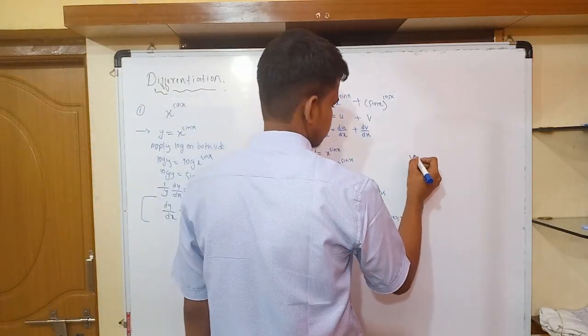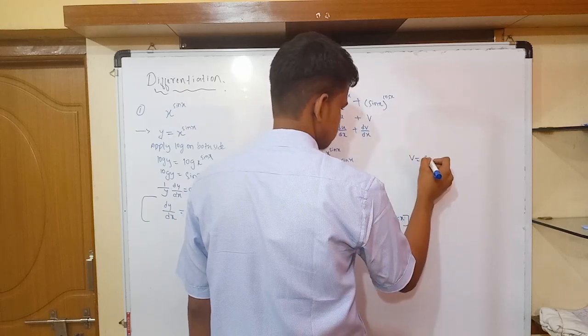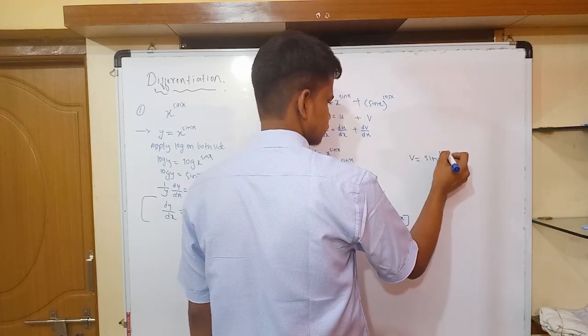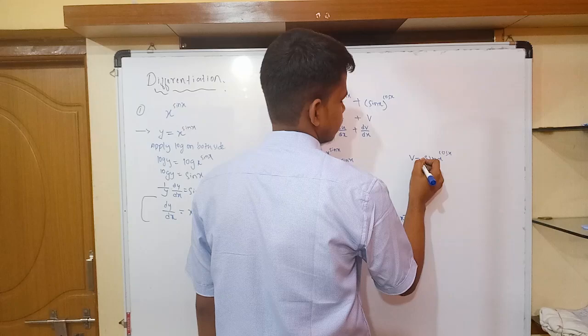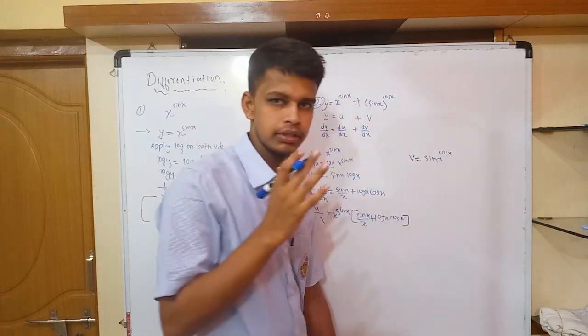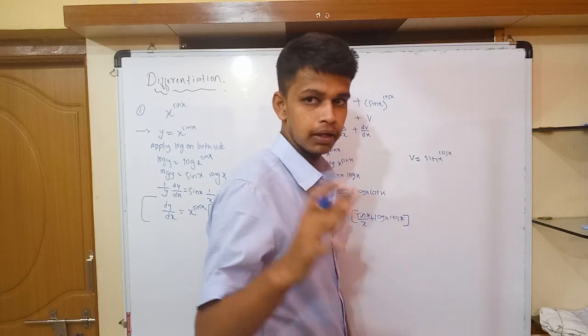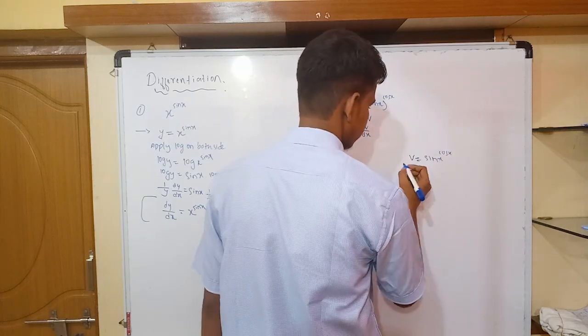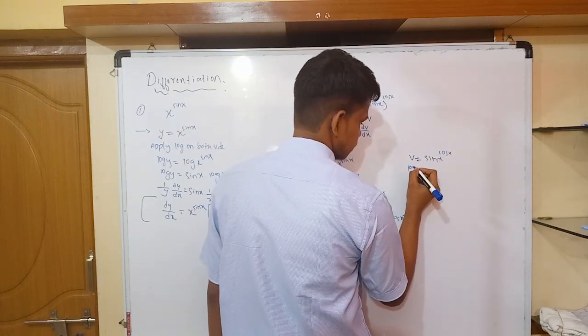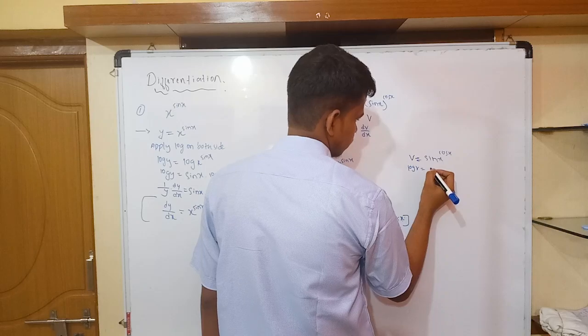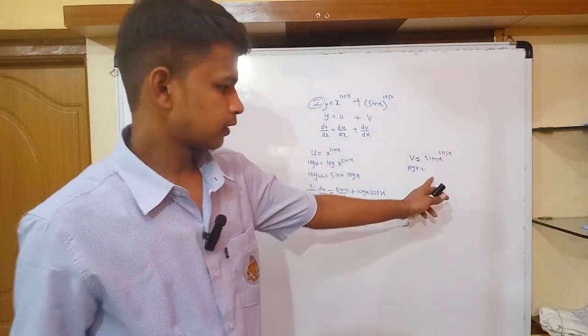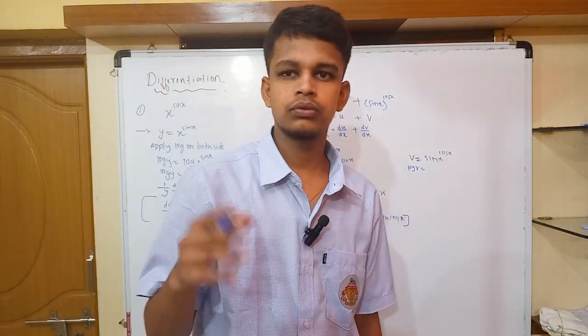Here consider v equal to sin x raised to cos x. Let this be p. Apply log on both sides, so log p equal to log of sin x raised to cos x.